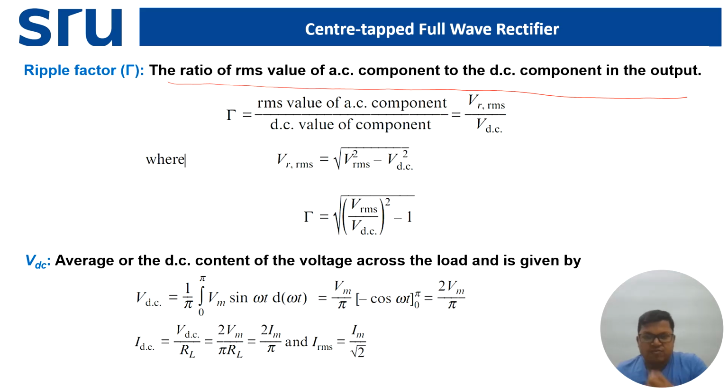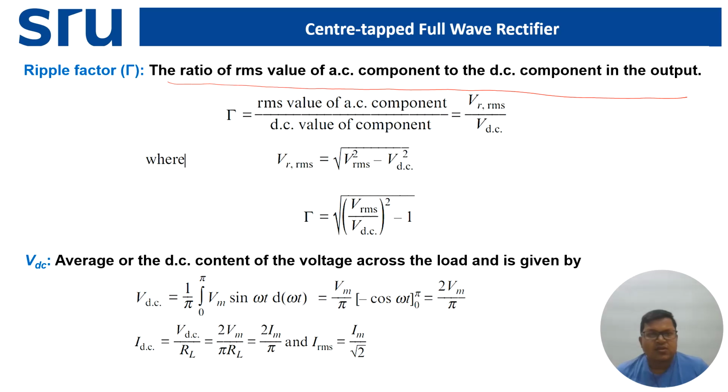Although we say we have converted the AC into DC, it is very much possible that some AC components are still available in the output. So we need to find quantitatively how much AC component is still available in the output DC, and that ratio gives us the ripple factor.